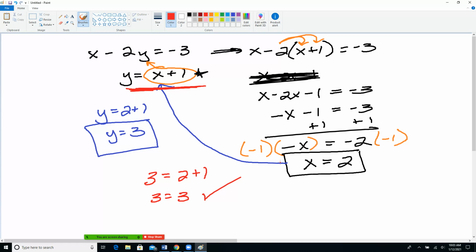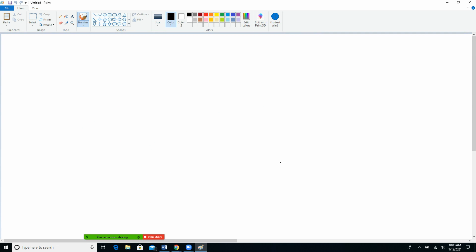All right, you're going to have to graph a couple ones, which I showed you the graph earlier. And then you're going to want to know some vocabulary. What does collinear mean? Points on same line.